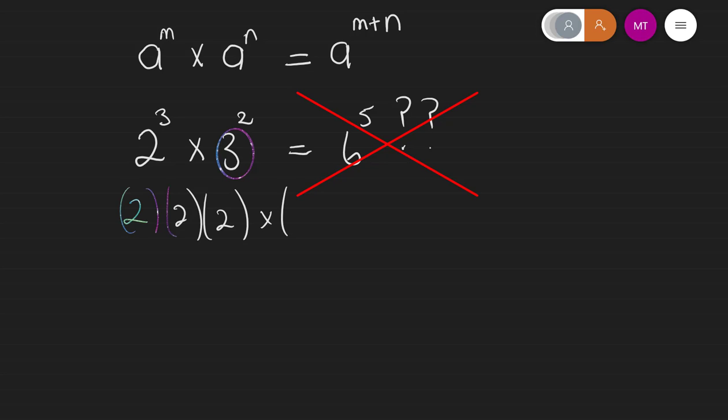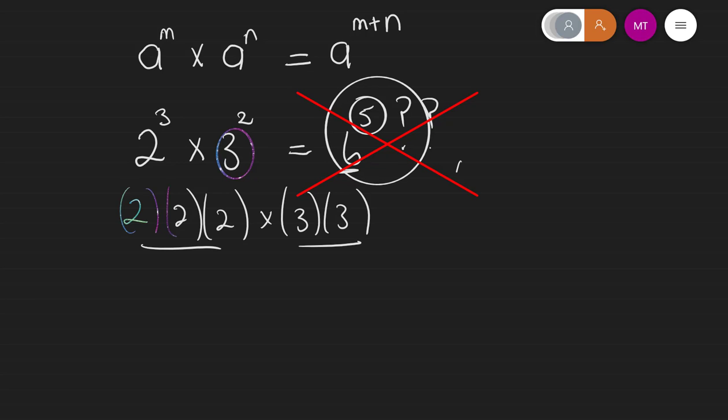And then the 3 will be 3 times 3. So the base is not even 6. And you cannot add the exponents because this means it's 6 times itself 5 times. So the base must be the same and you have to multiply.